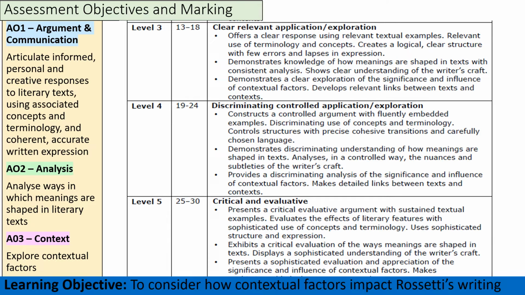And by this I mean it's not enough to just say, well, she believed in this, therefore she wrote this poem. You need to be a lot more evaluative of that. You'll see as we go through some of her context today that there are lights and shadows towards her life, and she's complex in the sense of what she believes about women, for example.